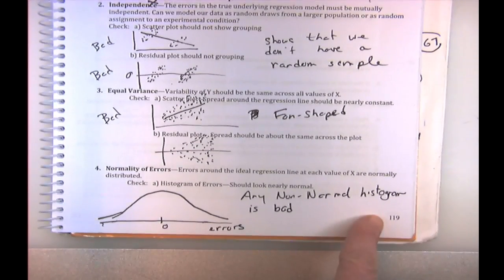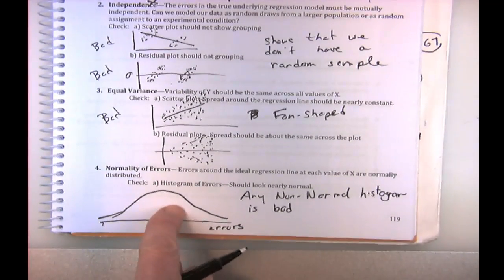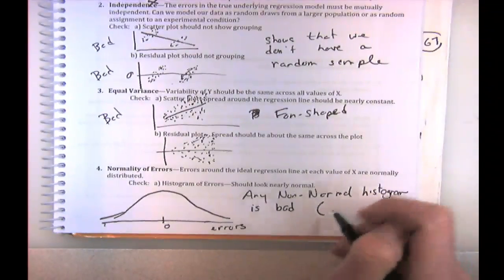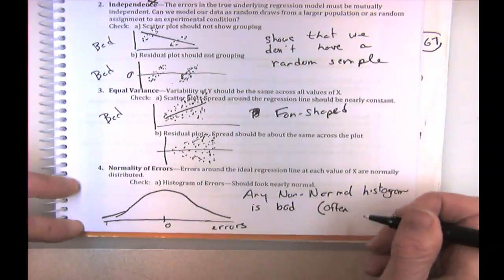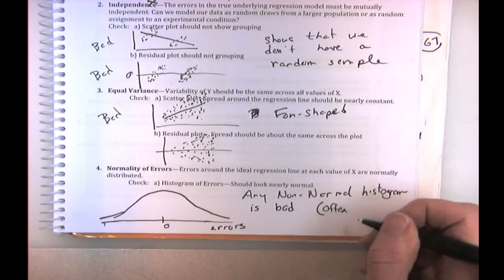We can't do inference if it really violates that. Often it indicates outliers that we'll have to figure out why they're there.